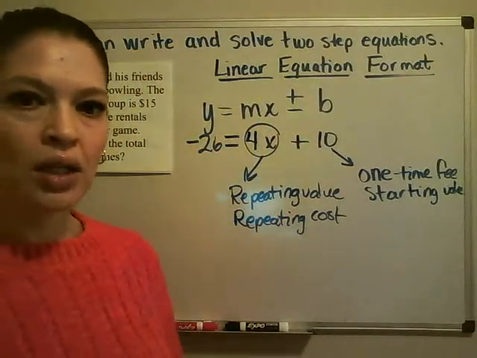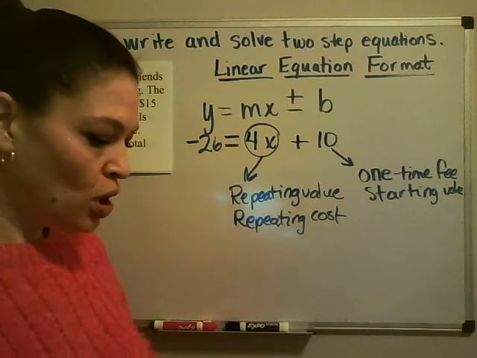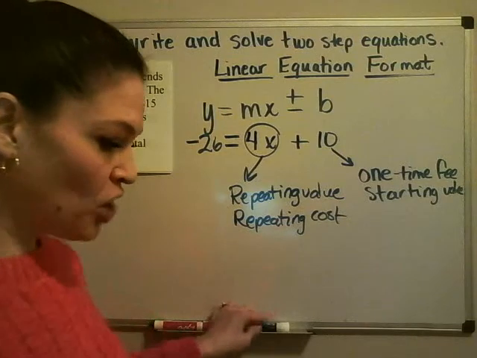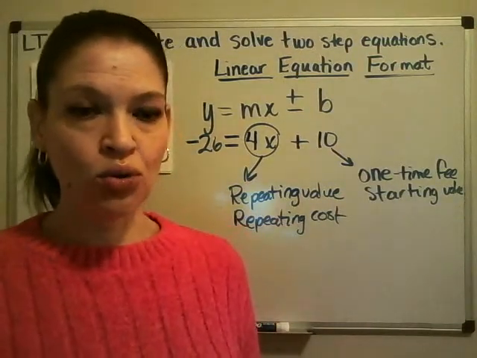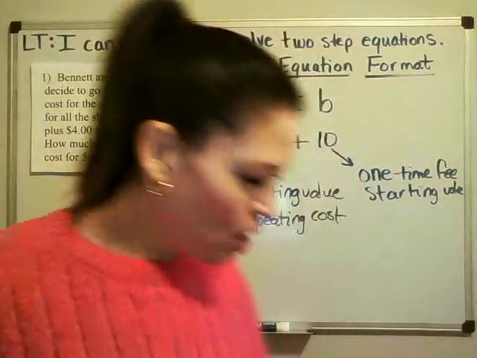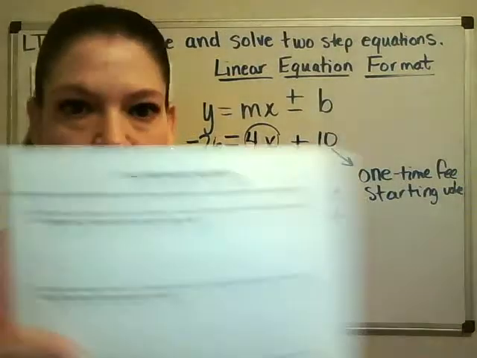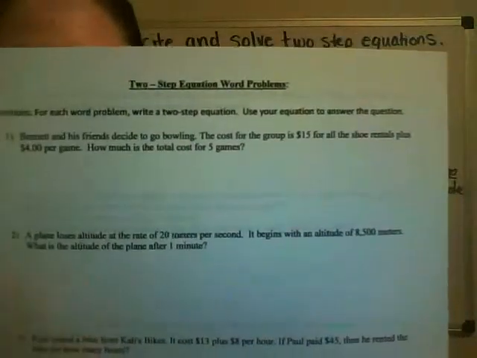So let's go ahead and I want you to refer to the one attachment that I have for today. I really just put one. It's going to serve as our notes and guided practice and independent practice. If you will look at number 1 on your two-step equation word problems, it's talking about Bennett.